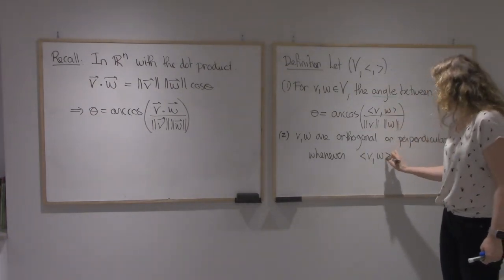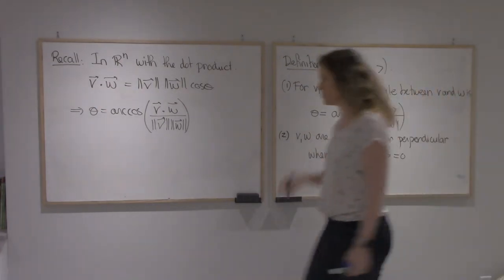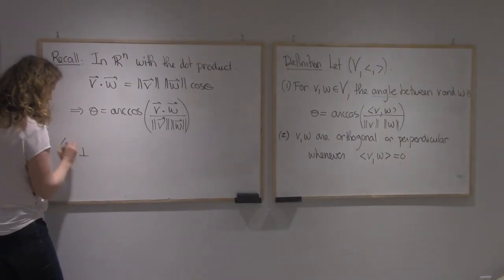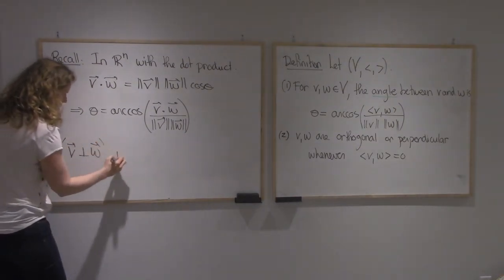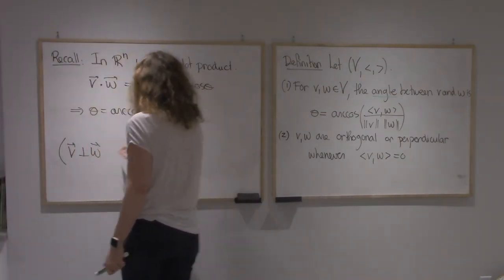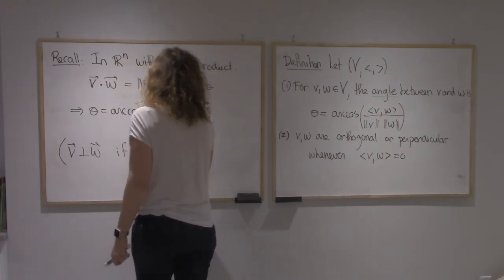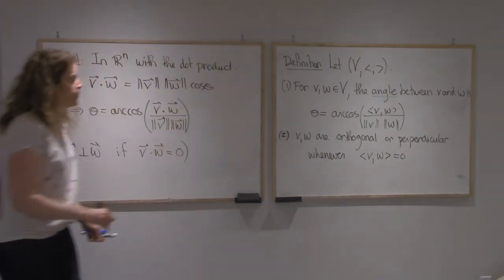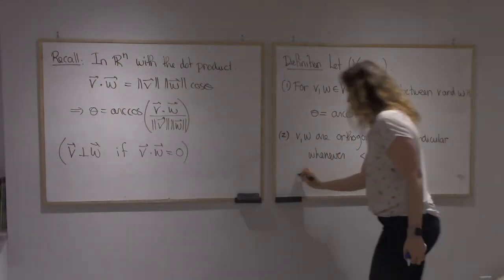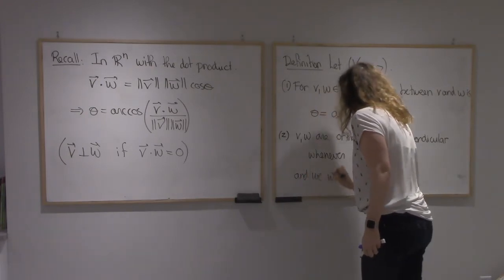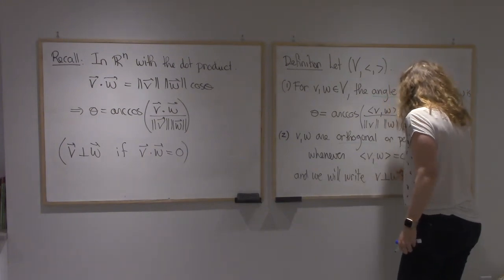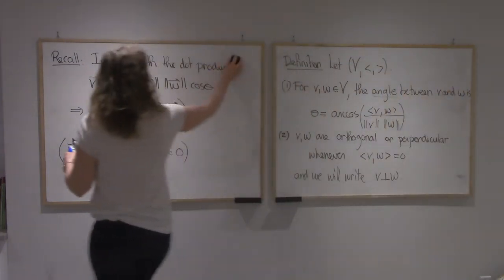So ⟨v, w⟩ equals 0. On this side, we'd say that V is perpendicular to W if V dot W is 0. We'll use the same word, orthogonal or perpendicular, and we write perpendicular like this, just like we did in Rn.